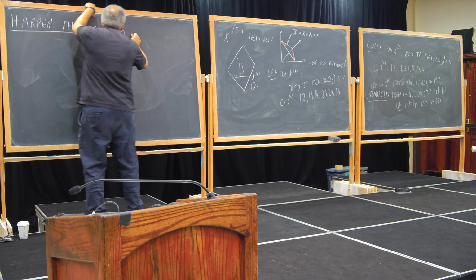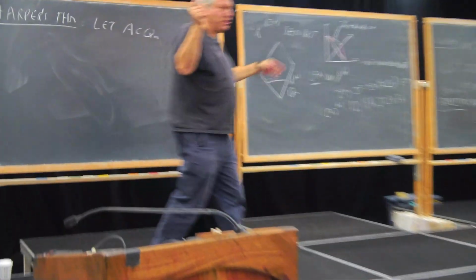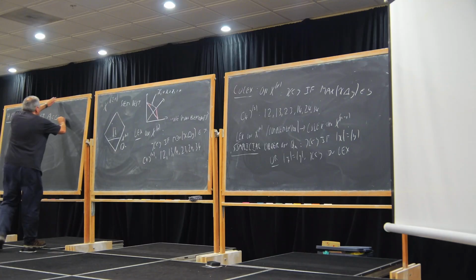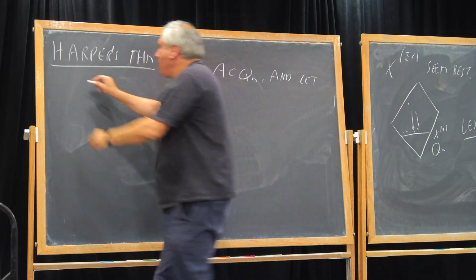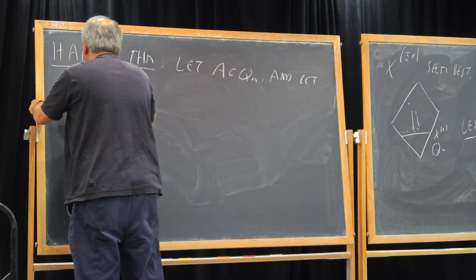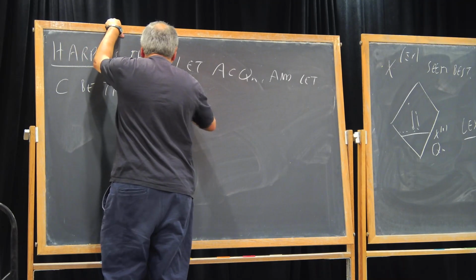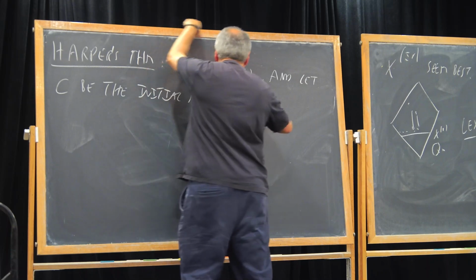Let A live inside Qn, and then what we're saying is that the best A you could have taken would be the first that many points in the simplicial ordering, right? So let's say C be the initial segment of simplicial.